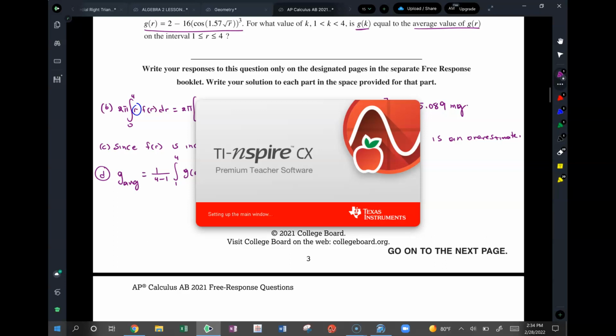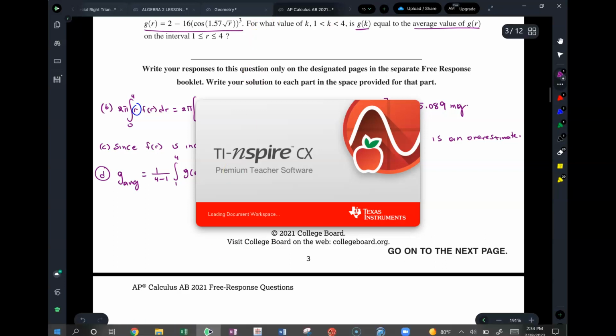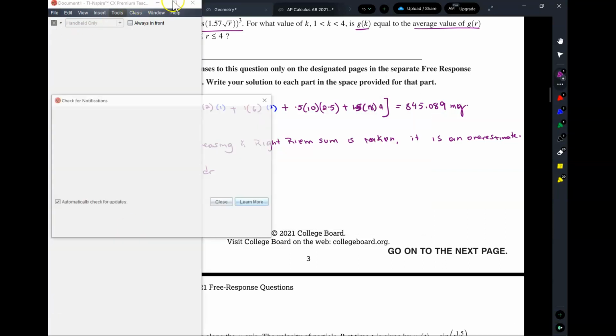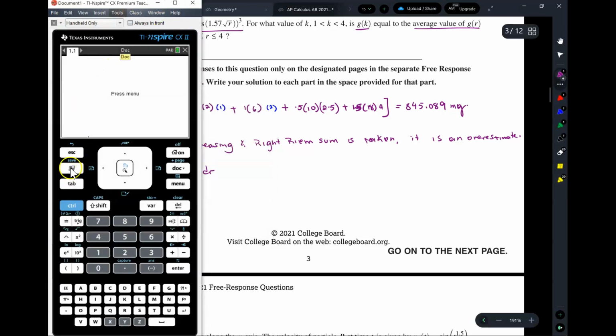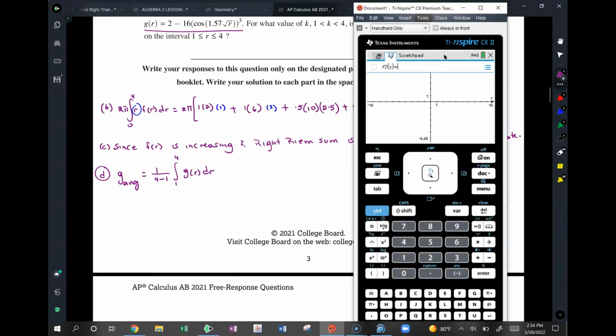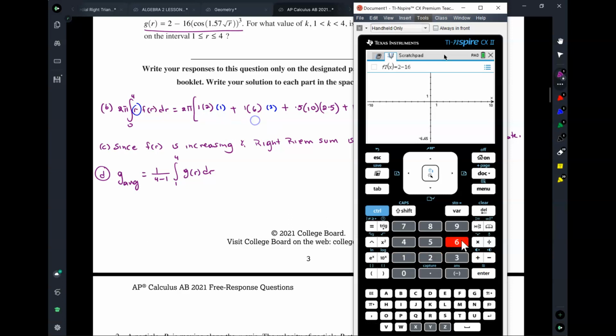So now we have to do this on the calculator. Go ahead and take out your calculators. You have to be super quick with plugging things into your calculator. Whenever you have to work with things like this, I would put it in the graph. So this is 2 minus 16 cosine of 1.57 root R, or X, cubed.